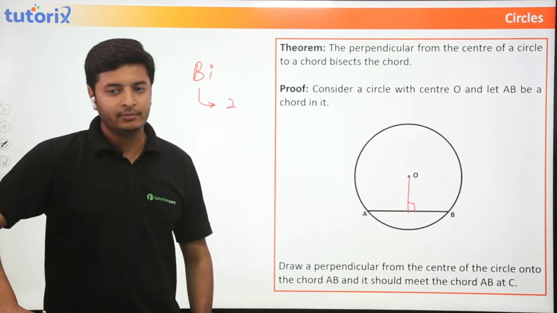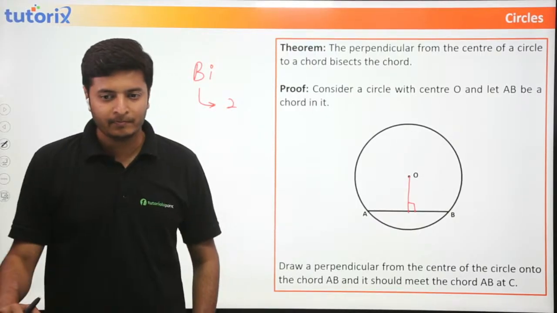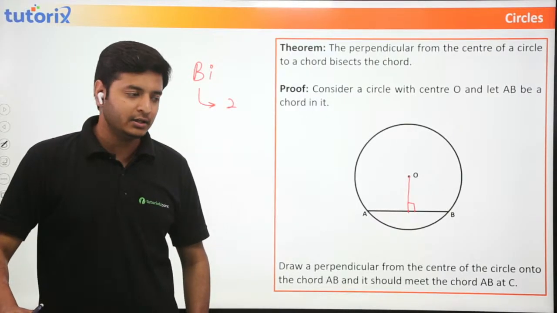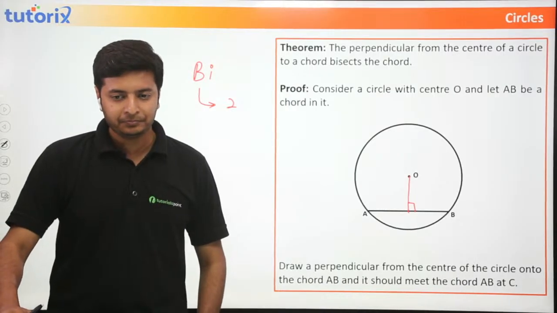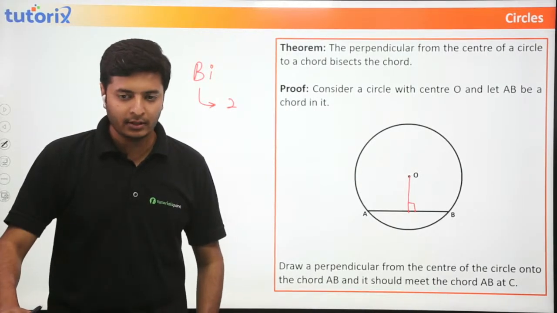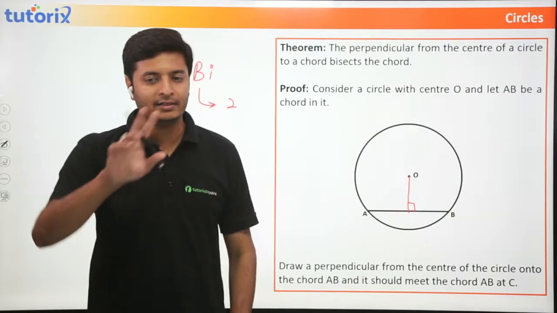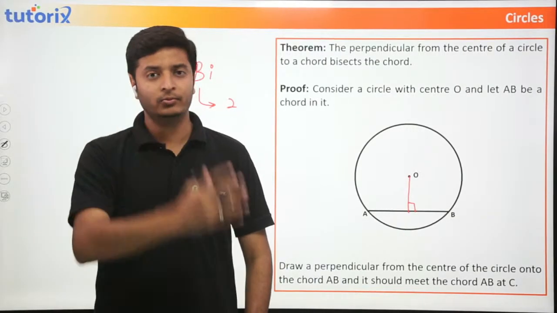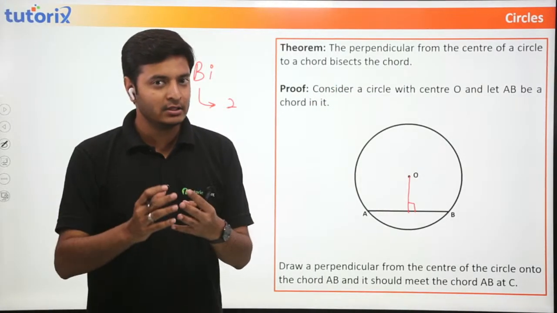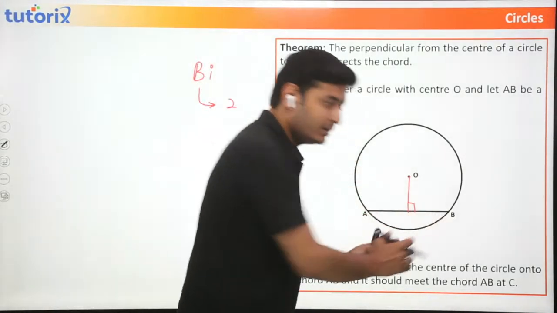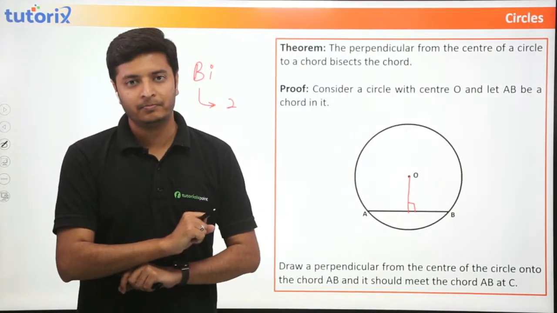Binary numbers are 0 and 1, two values. Correct? So wherever you see bi, it indicates that it is related to two. So bisect means we are dividing this chord, this line segment AB, in two equal parts.